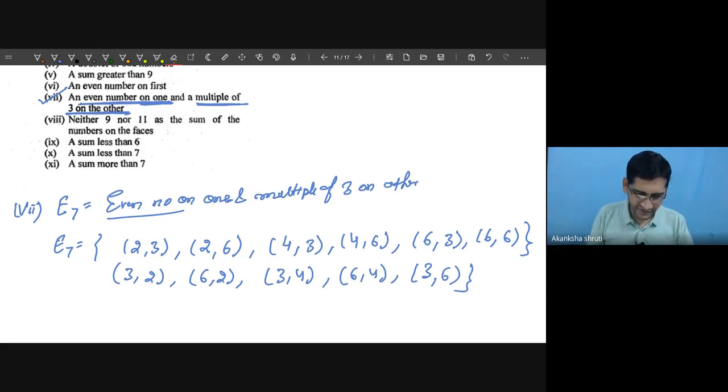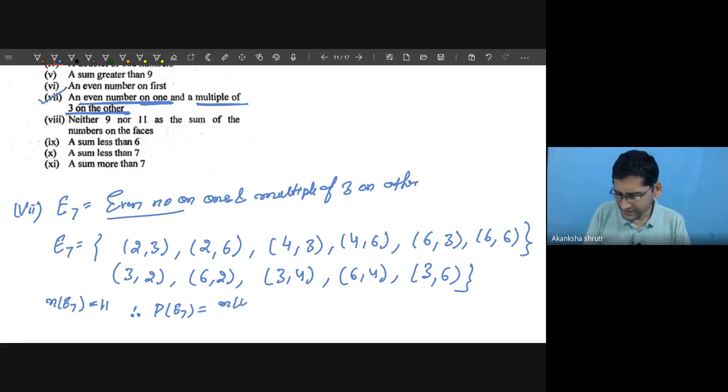Count it. 1, 2, 3, 4, 5, 6 in the first one and 5 in the second one. It will become 11, only 11. Now write down their probability. It's very easy. So P(E7) is n(E7) by n(S).